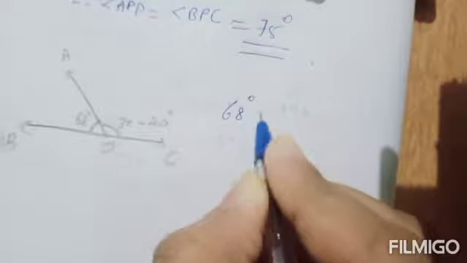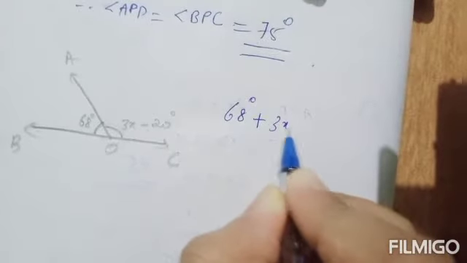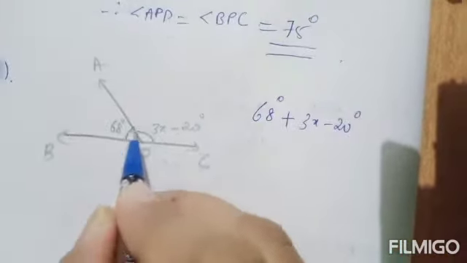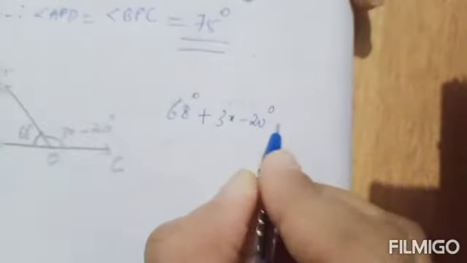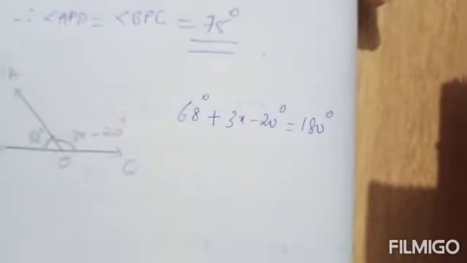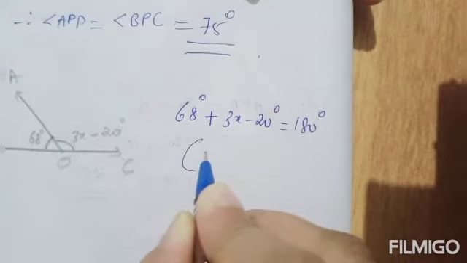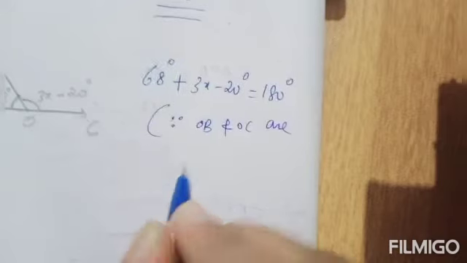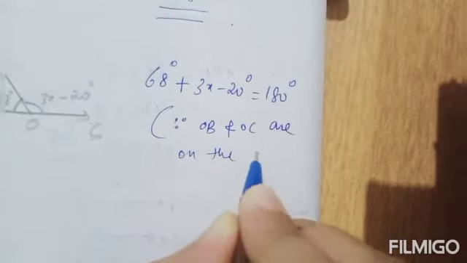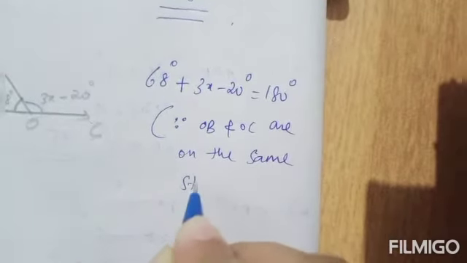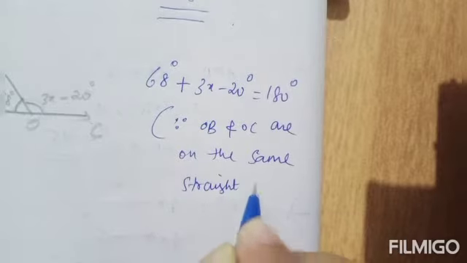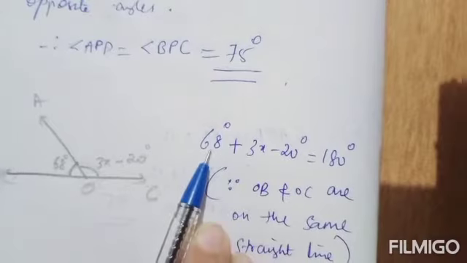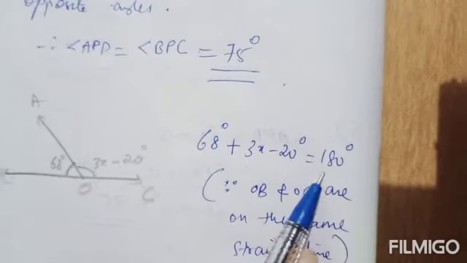So we can write 68 degrees plus 3x minus 20 degrees. The sum of these two angles we take equal to 180 degrees. What is the reason here? Since OB and OC are on the same straight line, by property 2, the sum of angles will be 180 degrees.